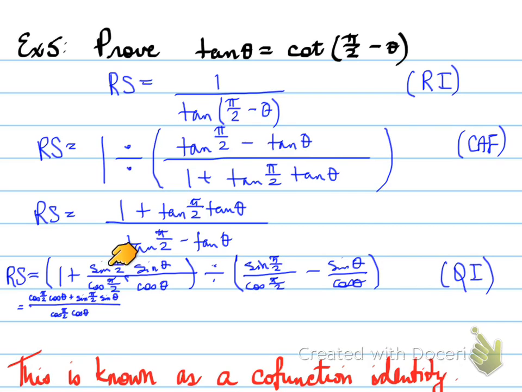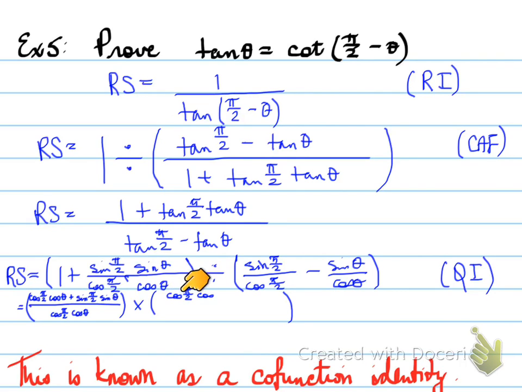What am I doing here? Well, I want you to look carefully. I converted everything in terms of sine over cos. That's what I did here. And the bottom is this in terms of sine over cos. Find a common denominator, which is cos pi over 2. So this is the common denominator. So I get cos pi over 2 cos theta plus sine pi over 2 sine theta, and multiplied by the flip of this with the common denominator.